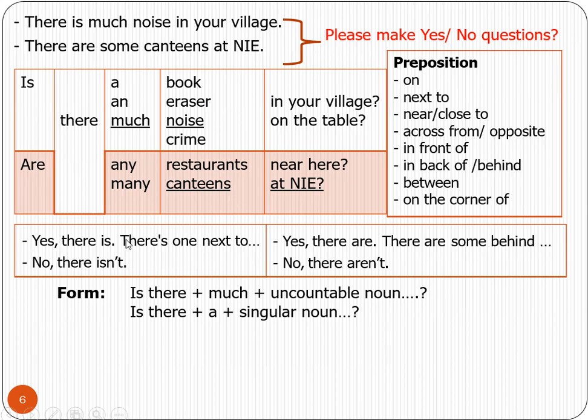And answer yes or no here. And next one, are there plus any, money, plus a plural noun, restaurants, canteens, hotels, and answer yes or no. Yes, they are, no, they aren't.